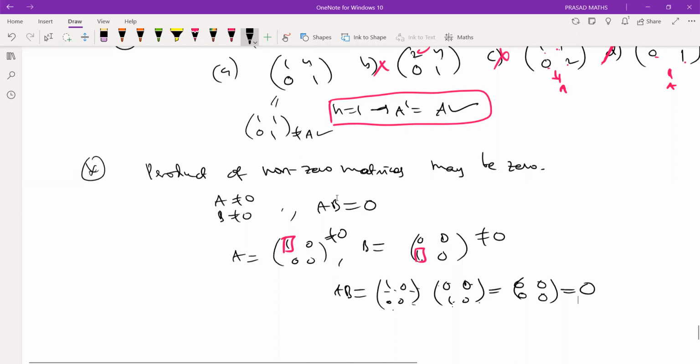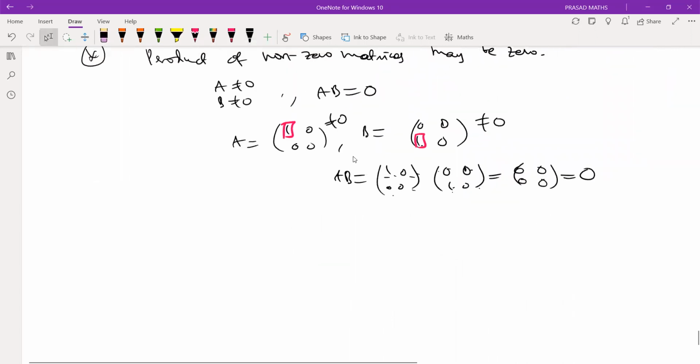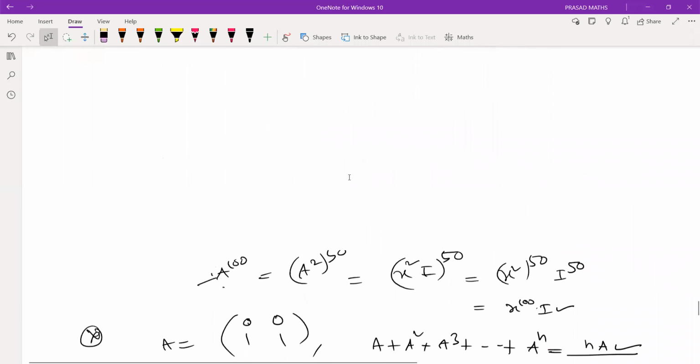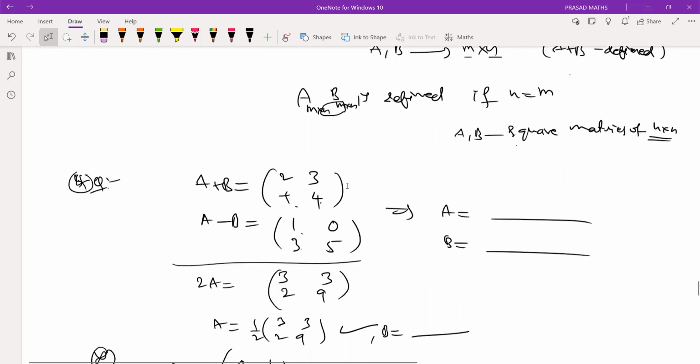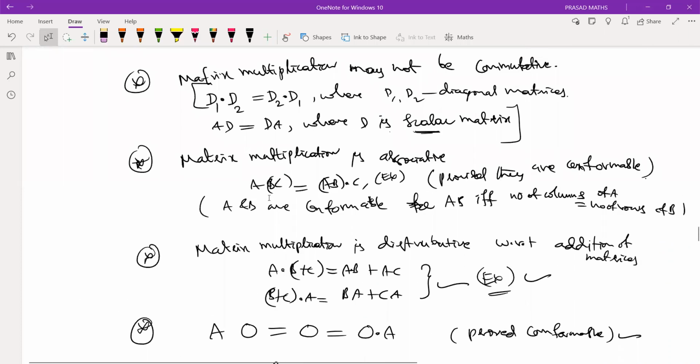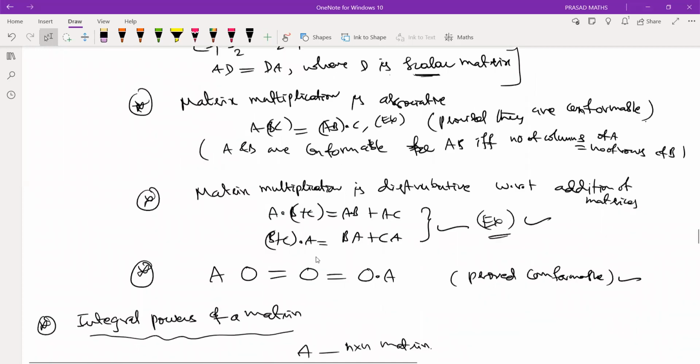Using this operation, you know that the set of all matrices is an abelian group with respect to addition. Of course it is a ring, because all properties are satisfied: closure property, associative property, distributive properties, and of course the identity property also, provided they are conformable.